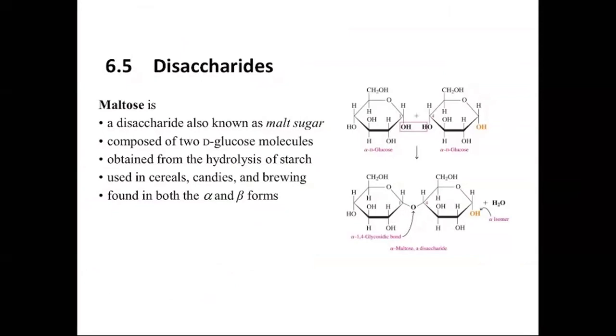Let me specify to you guys that when it comes to the exam, it is important that you know the different monosaccharides that make the disaccharide, and specifically how they're linked to one another to give the disaccharide. So when it comes to maltose, also known as malt sugar, which is found in cereals, is found in candy, and it is actually the preferred sugar when it comes to brewing.